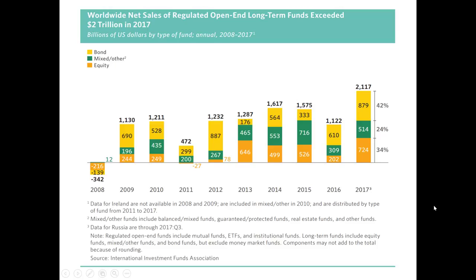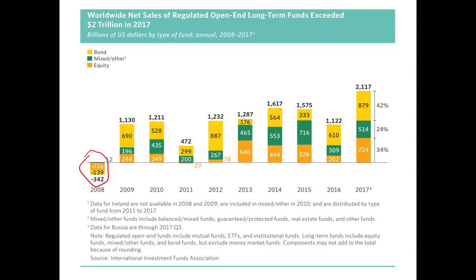What this graphic shows is the money coming in or going out of these open-ended mutual funds around the world in about the last 10 years. So we can see in 2008 that there were actually outflows, people taking their money out of mutual funds, both bond and stock funds. But in each of the last 9 years or so, money has been flowing into mutual funds, all three categories.